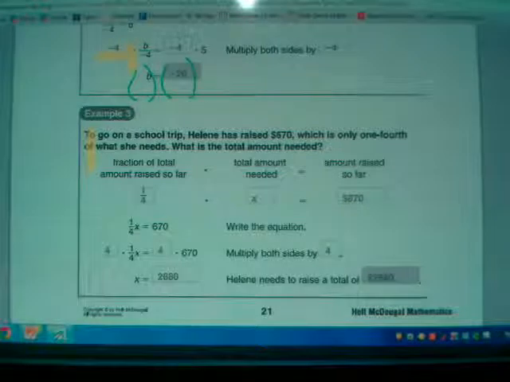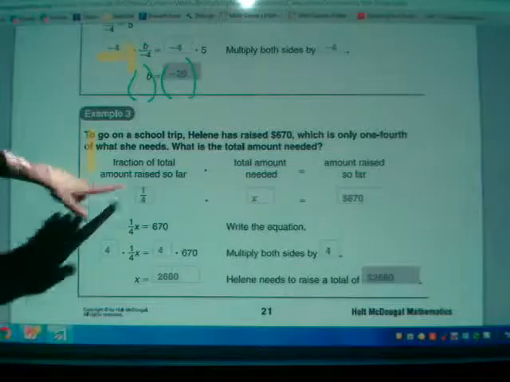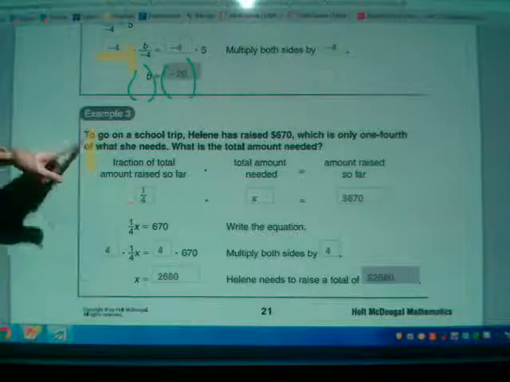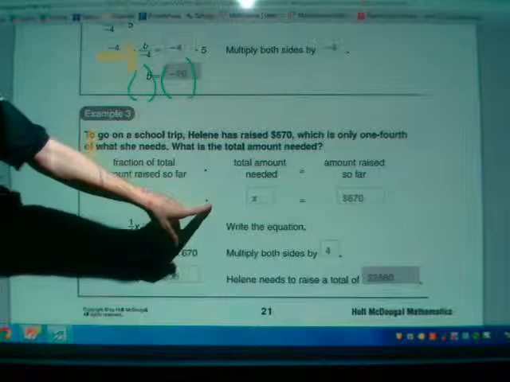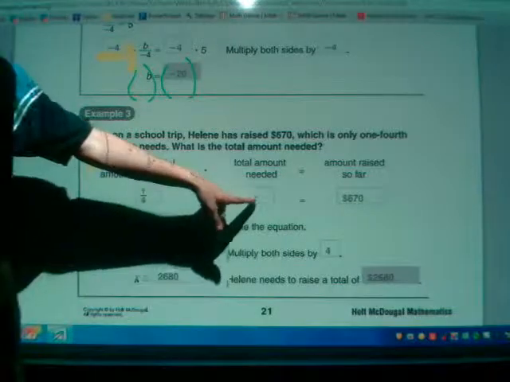Now, it really shouldn't be surprising to us that this is going to be a multiplication question, because remember, the heading here was solving equations with multiplying or dividing. We would have been surprised if something had popped up with addition here. So, she's raised 1/4 of, which is where the multiplication sign comes from, the amount she needs.